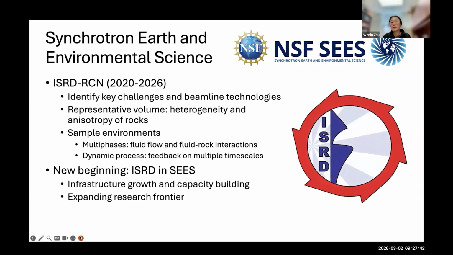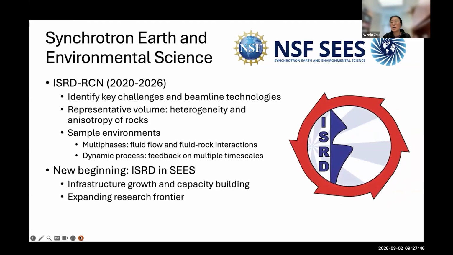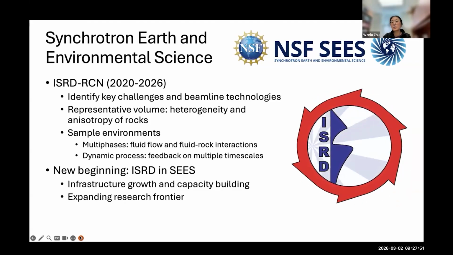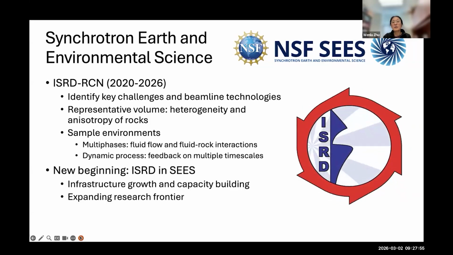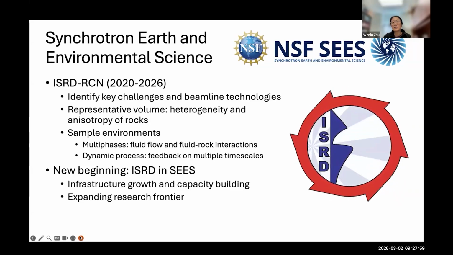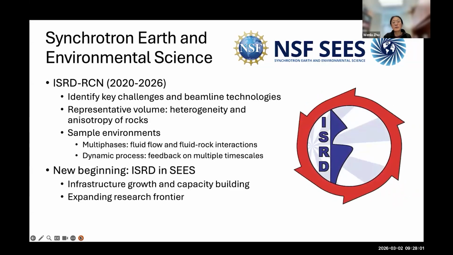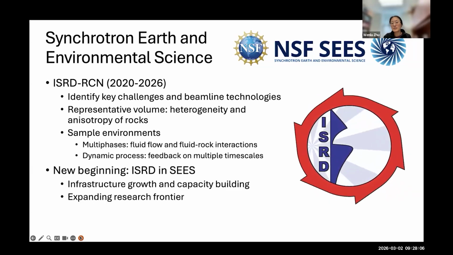Now the key is how do we create a sample environment and bring the rock deformation experimentalists to the beamline and take advantage of the new technology. This is not the end of ISRD. This is actually a new beginning, because now ISRD is a part of SEAS.